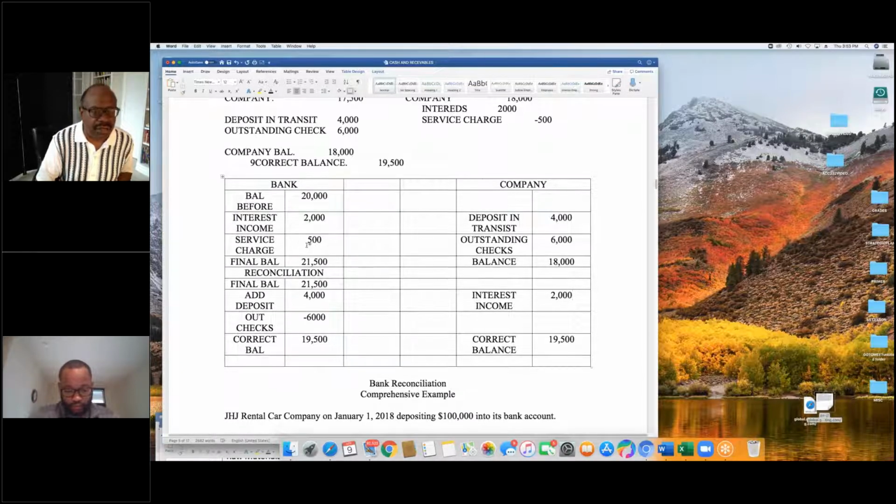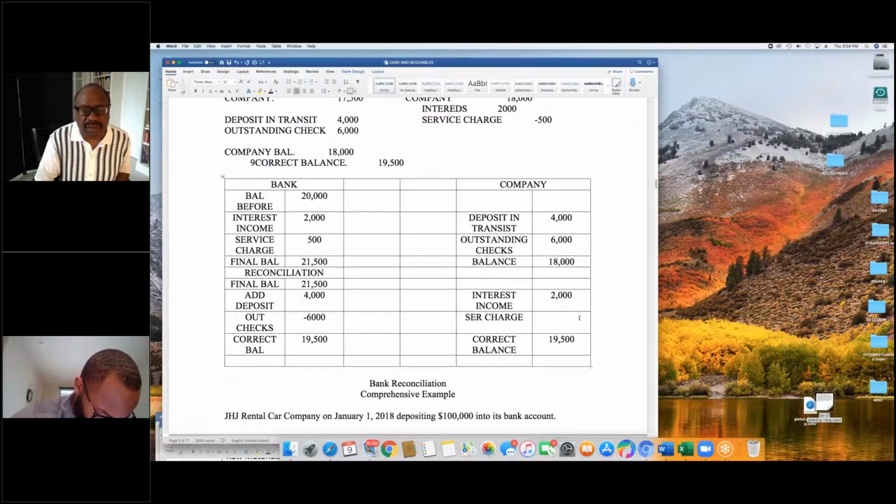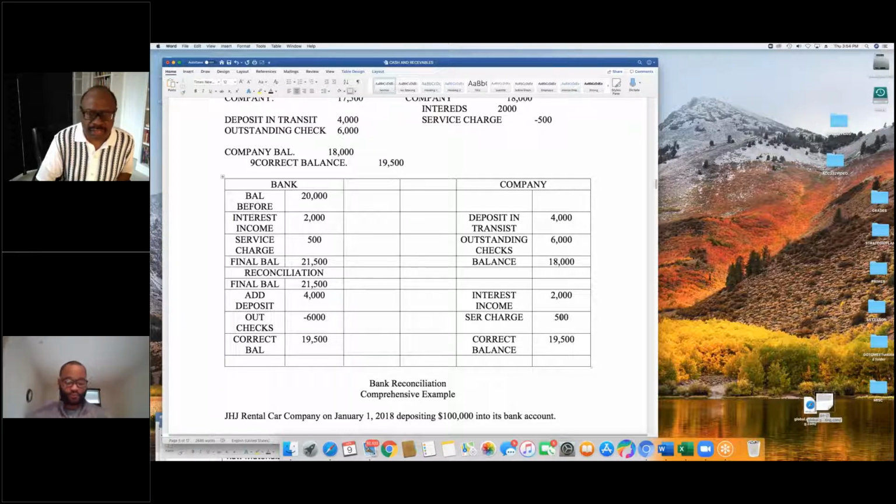So it's sort of a crisscross thing. We're reconciling these items over here. We're reconciling these items over here. So the service charge, and that was $500. Okay. So if the balance that we had on the books were 18, and then if we added 2,000 for that interest and subtracted out 500 for the service charge, we'd be at 19,500, the correct balance.